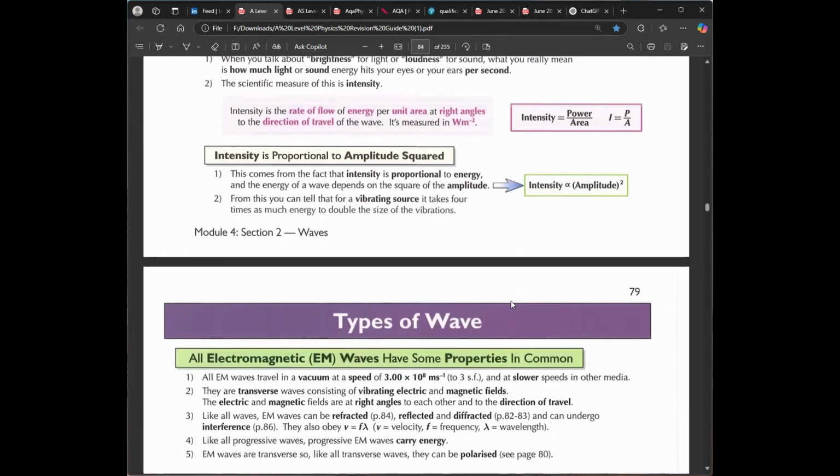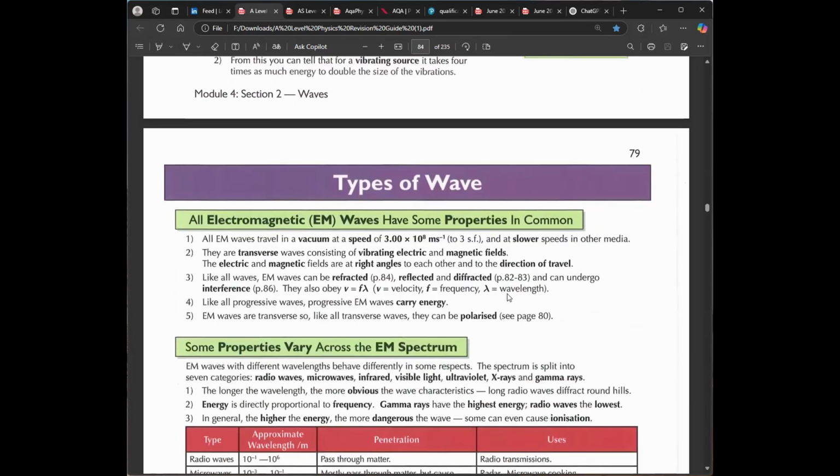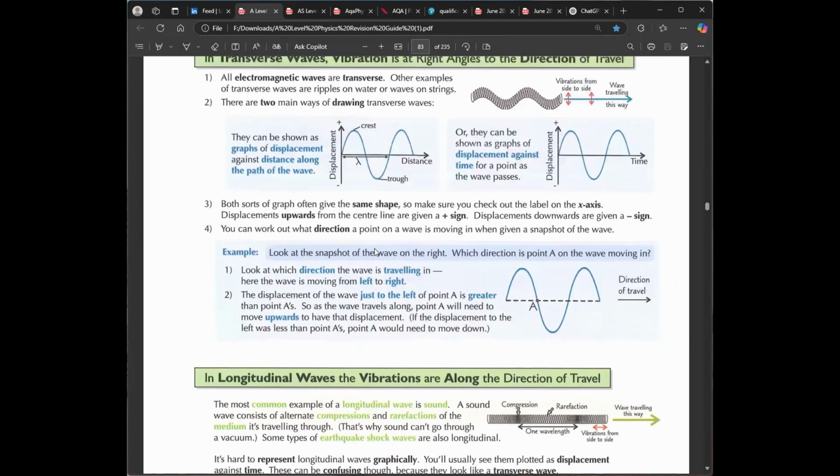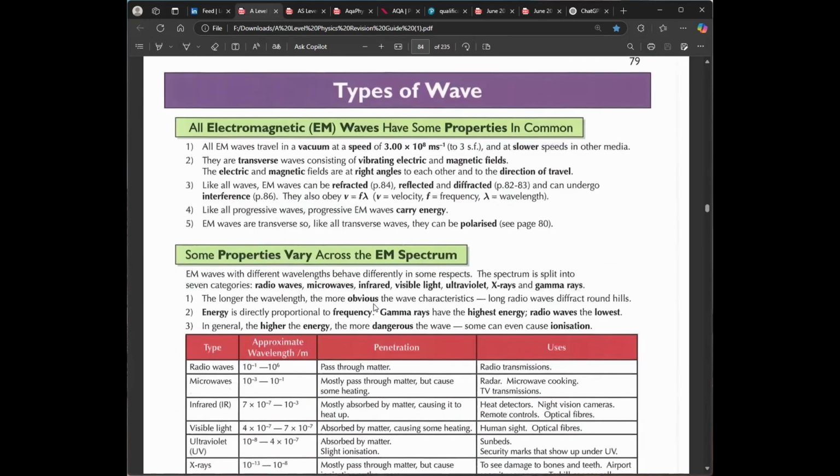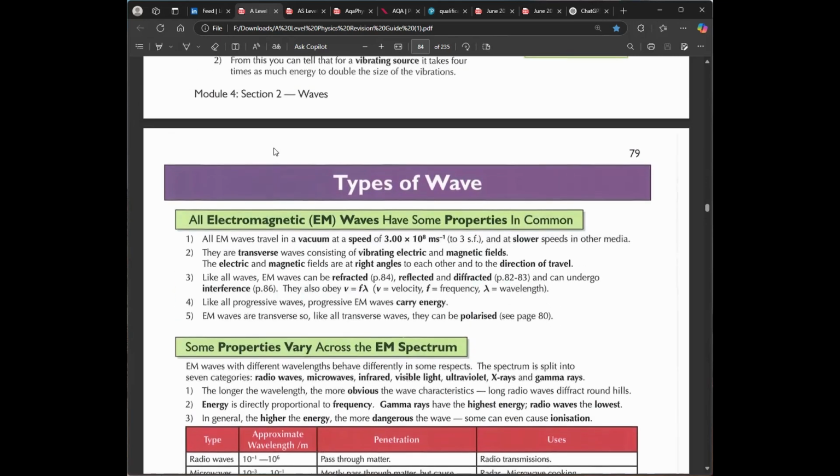Okay, good. So we went through two types of waves, transverse and longitudinal. There are waves called EM waves, which you can say are a subtype of transverse waves. EM or electromagnetic waves basically have two types of waves combined together.